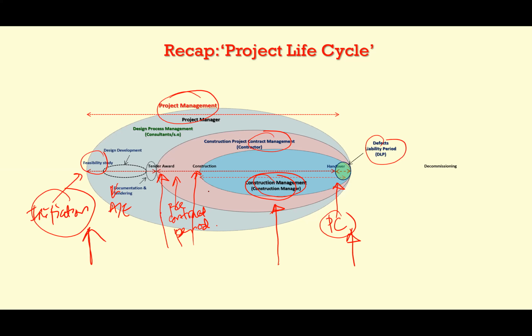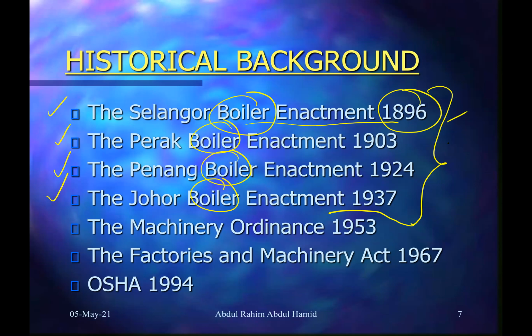Okay, so this boiler enactment is very similar to what the British already had in the UK. They had a similar law with the same name, boiler enactment. They had been using that for a long time, so they brought it to Malaysia, and it was a copy paste. So what you see here, this kind of law, boiler enactment, machinery ordinance, factory and machinery act, is similar to what the British already had in their country.